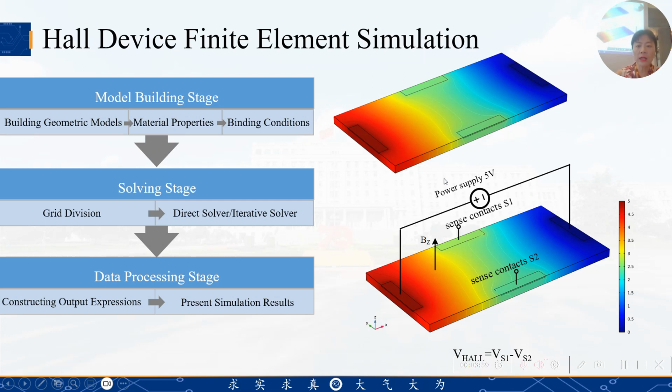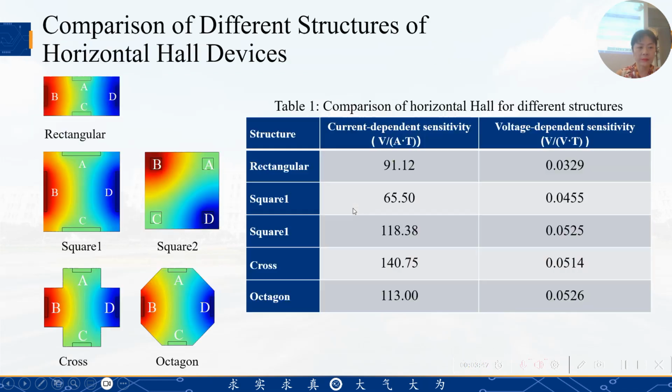This is the whole device, and when we apply a voltage bias, we get the whole voltage distribution in COMSOL. And this is our comparison of horizontal Hall devices for different structures.